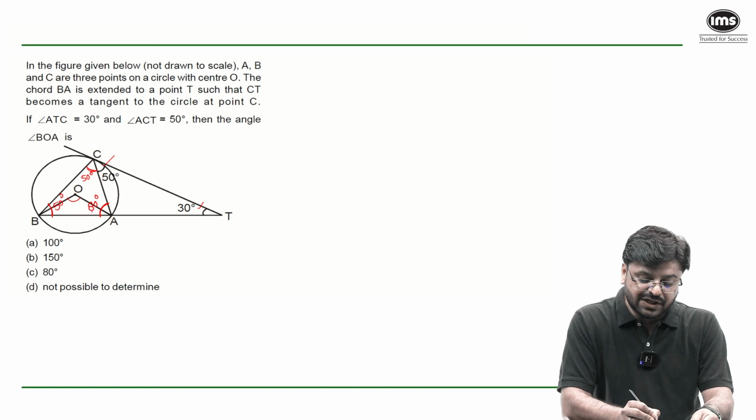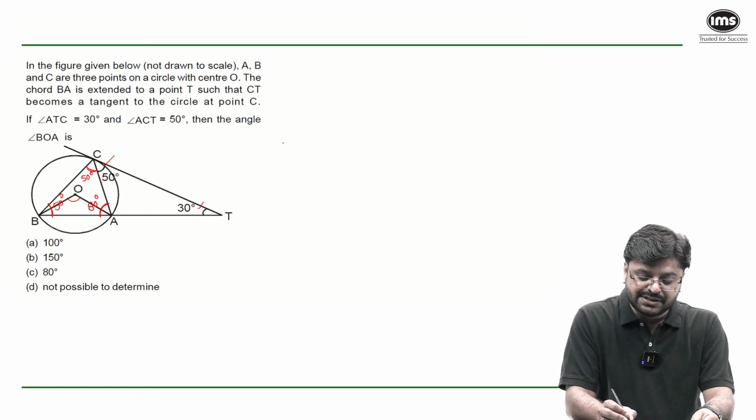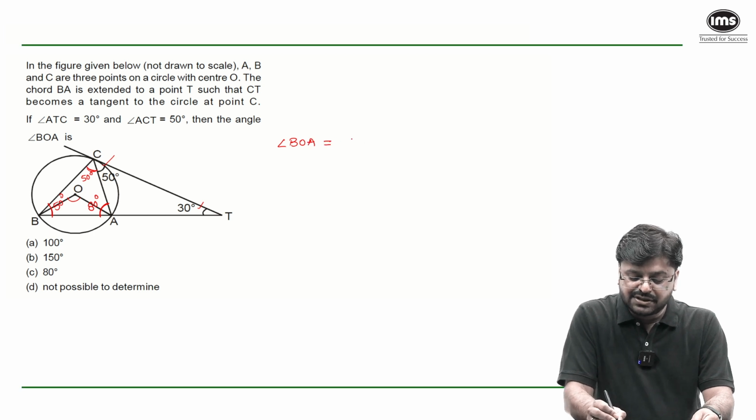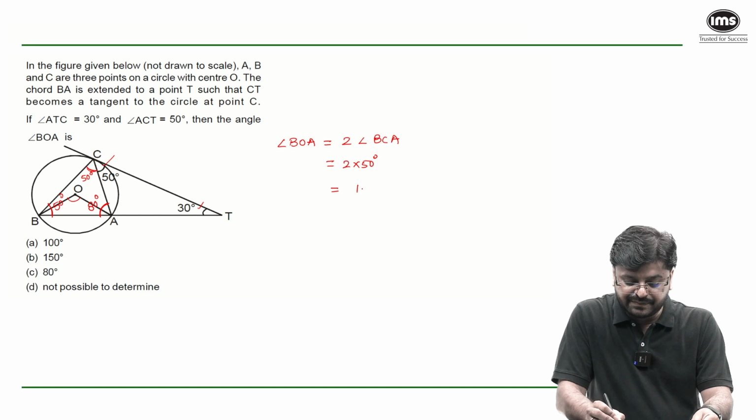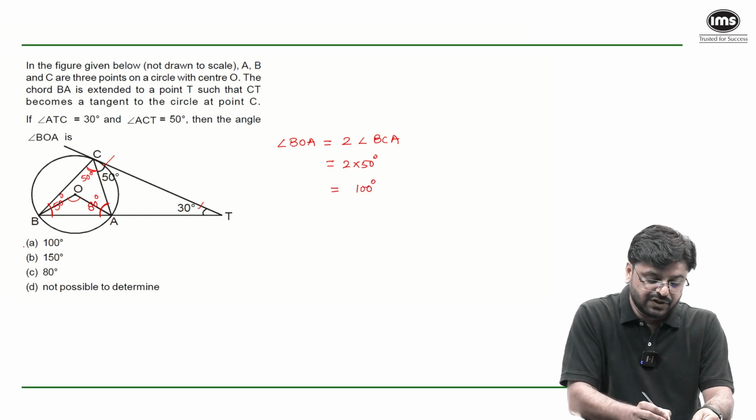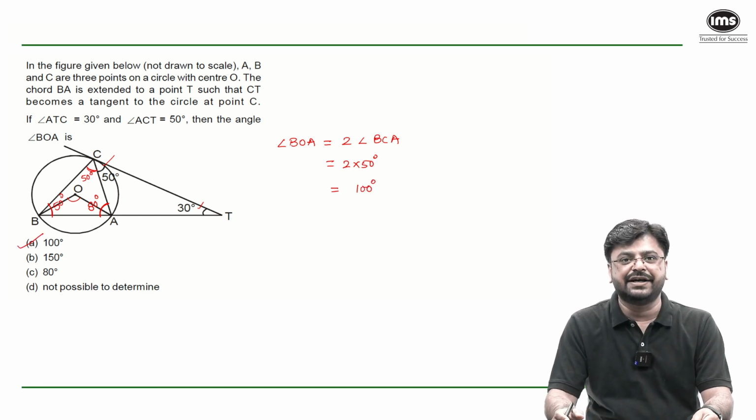So, angle BOA is twice the angle BCA, which is 50 degree. So it is 2 into 50 or 100 degree. So option A here is the right answer.